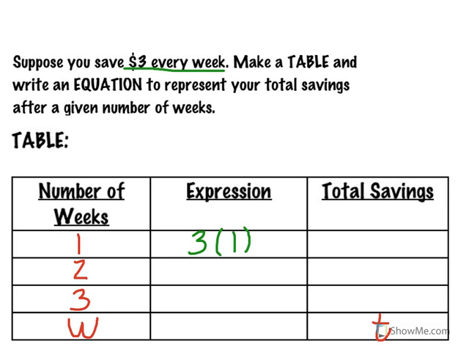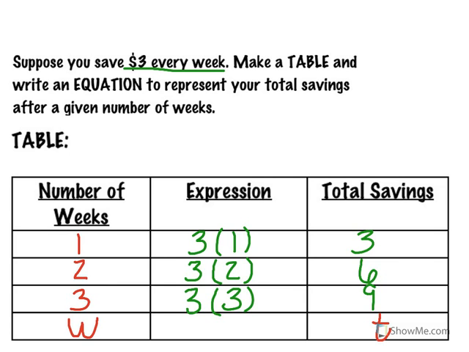So my total savings for 1 week would be $3. My next row for 2 weeks, I would have $3 times 2. $3 for each week, and 3 times 2 is 6. And my pattern continues. 3 times 3 is 9.